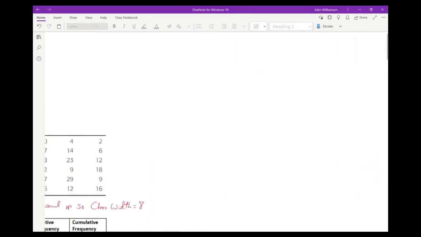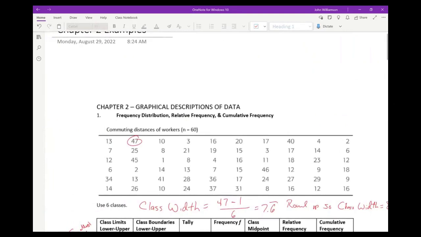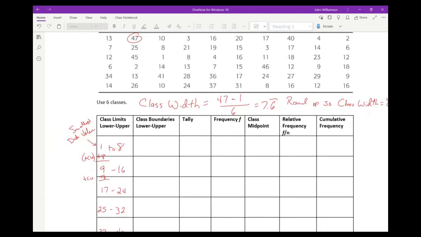So we're just splitting that gap. And the 0.5 comes from the fact that 0.5 is half the distance of a whole number, right? So it's always going to be the lower class limit minus 0.5 to the upper class limit plus 0.5.